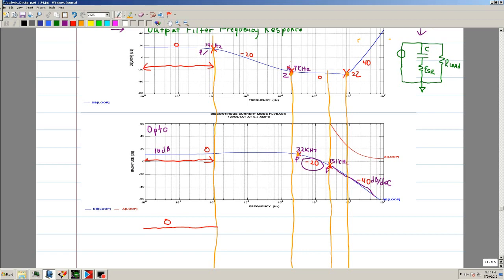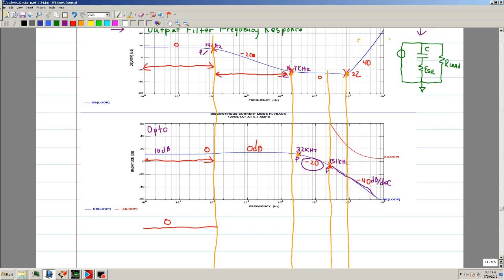Okay. Now here, from this interval, we're going to add this and add it to this. And we're going to assume that this is straight, although there's actually a pole and zero here, but they're so close that they're canceling. But we're going to go ahead and assume that this is also 0.